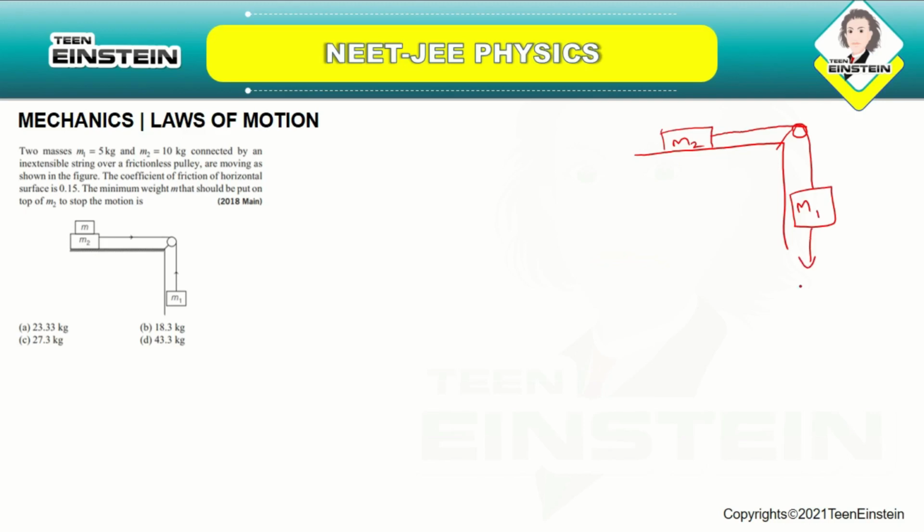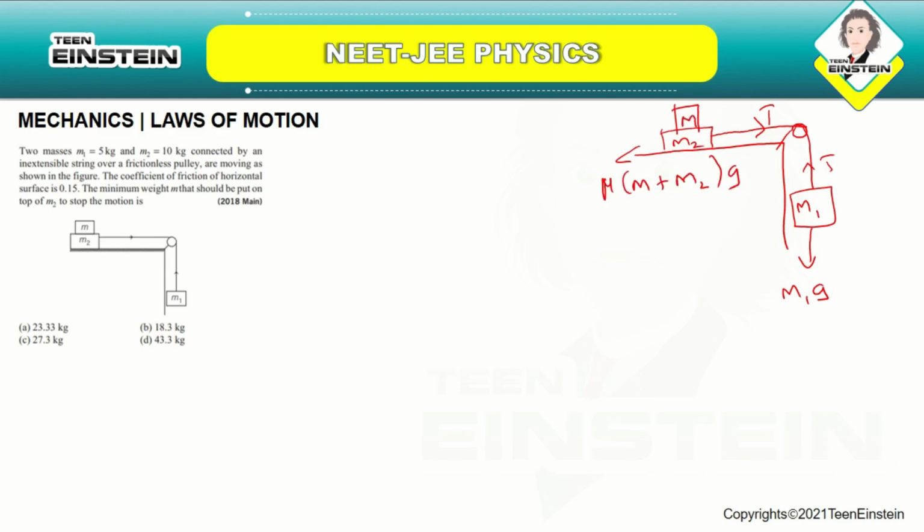So the force is m1g, and the tension T will be acting in the opposite direction, and the friction force will be mu into m plus m2 into g. So you are adding a mass of m here.